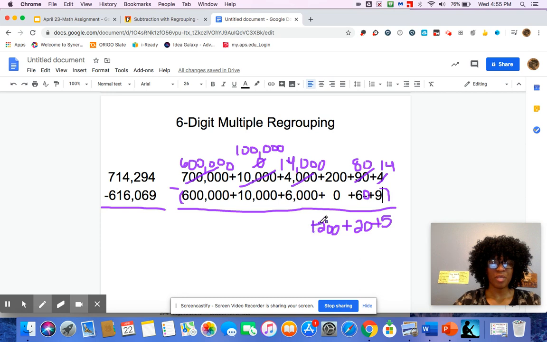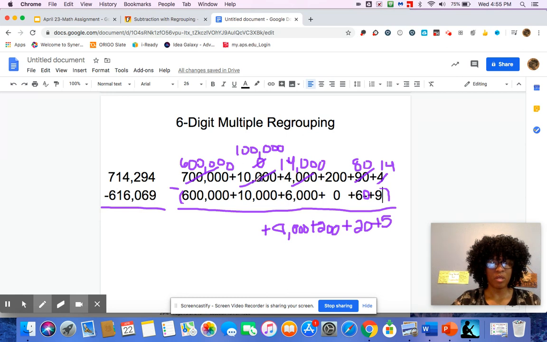In our hundreds place. Then in our thousands place, we have 14,000 minus the 6,000. Does that look right? Yeah, that gives us 8. Oh gosh, it's an ugly 8, but you guys know what I mean. 8,000. And we're going to come over here.